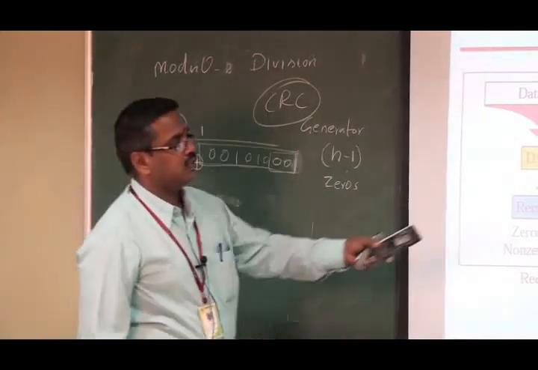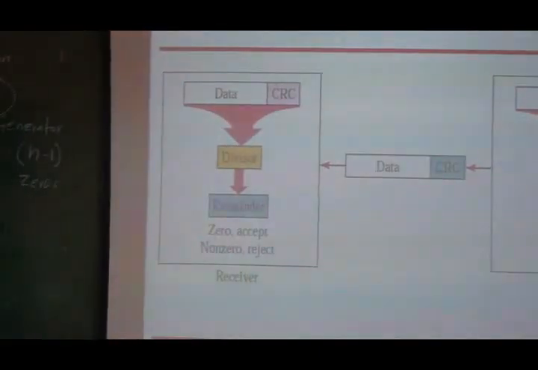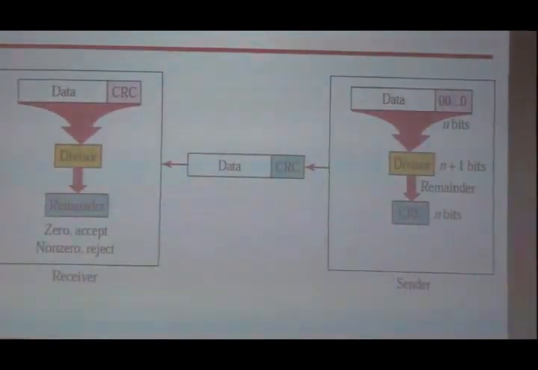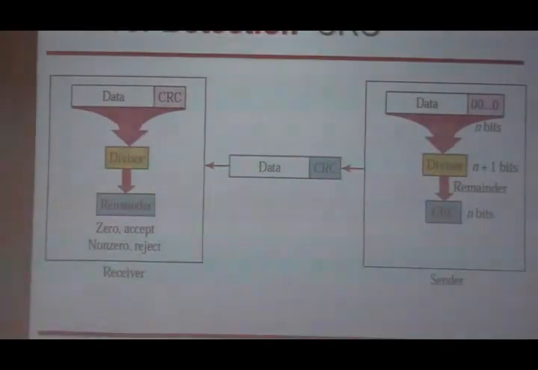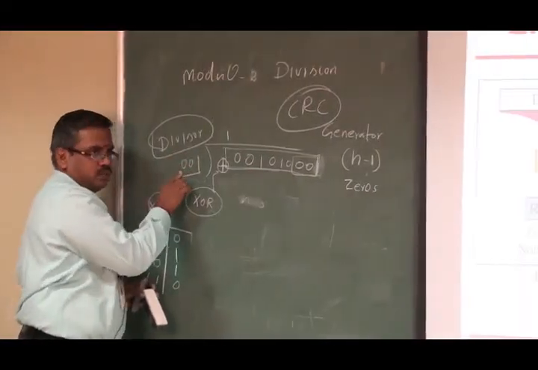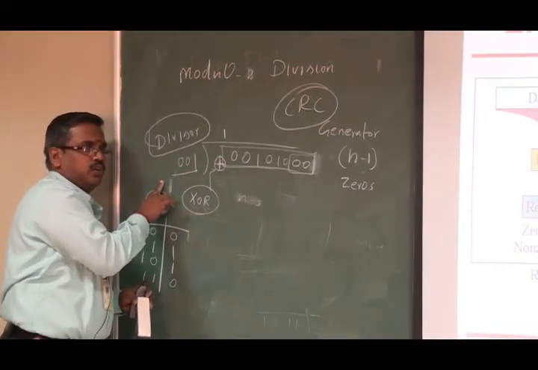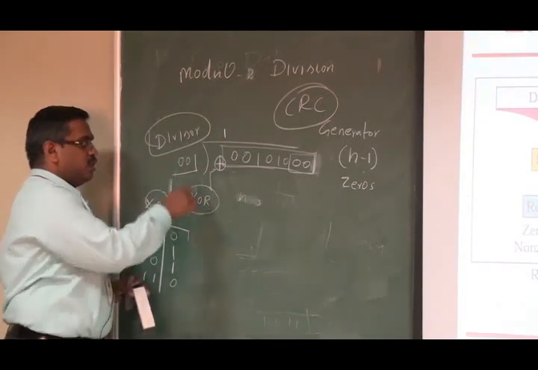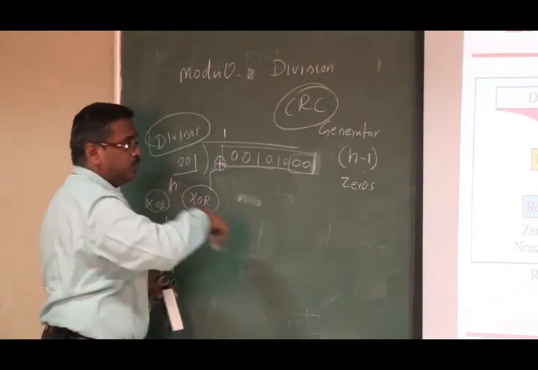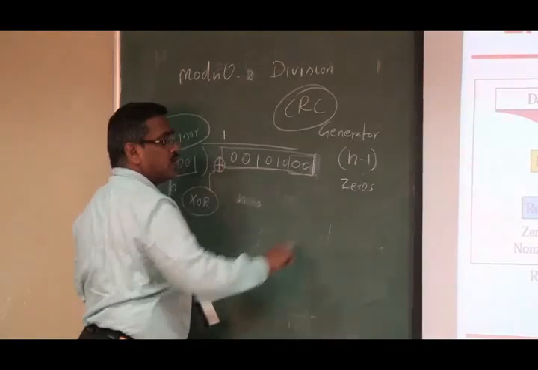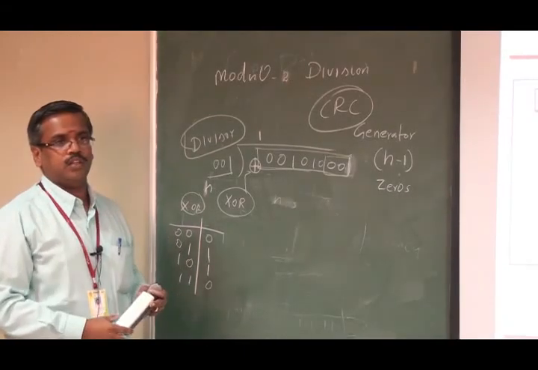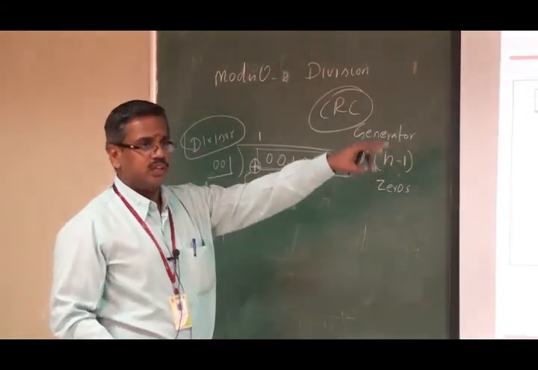Then the divisor. As per the textbook computation, it says n zeros and n plus 1 bits in the divisor. But we are computing the number of zeros from the divisor because we have a predefined divisor. So I am taking a different computation: instead of n plus 1, the divisor has n bits, and instead of n zeros, we add n minus 1 zeros. As a student you can easily get confused by n zeros.